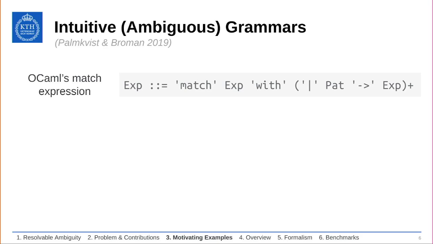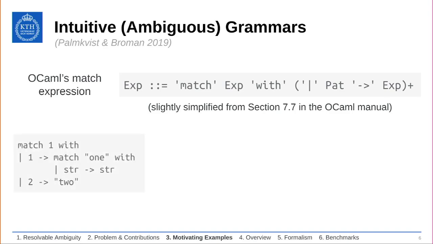They look like match expression with, followed by one or more match arms. Each arm has a pattern, an expression, and some symbols in between. This description appears in the OCaml manual. This is slightly simplified from that, but importantly, both what's in the manual and what I'm presenting here is ambiguous.